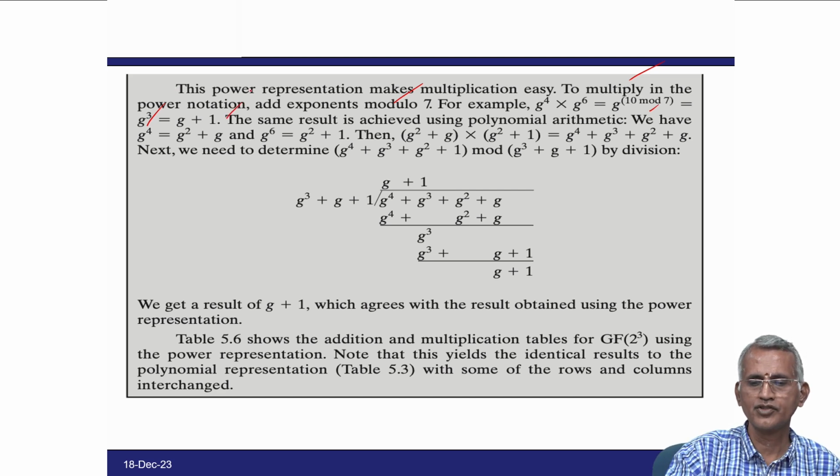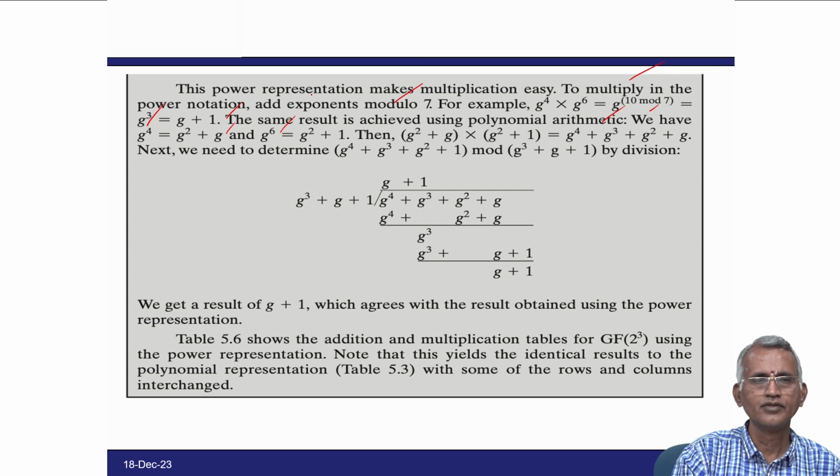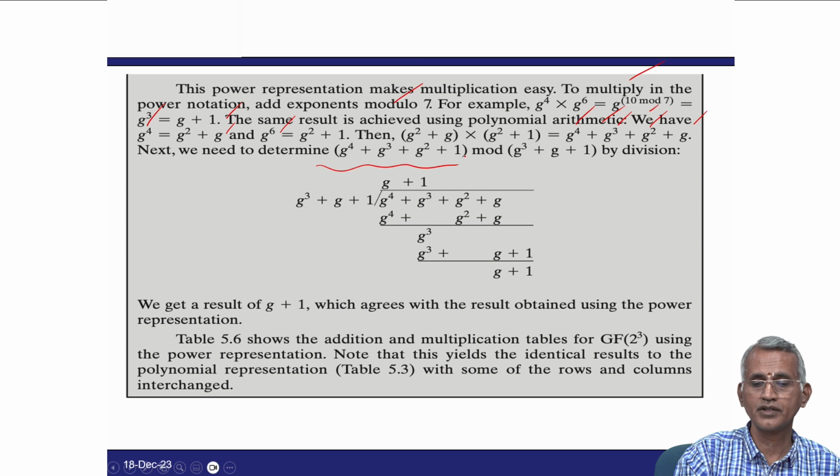The same result is achieved using polynomial arithmetic. We have g power 4 equal to g square plus g, and g power 6 is g square plus 1, therefore (g square plus g) into (g square plus 1) equal to g power 4 plus g cube plus g square plus g. So, we can determine this under modulo g cube plus g plus 1 by simply dividing g power 4 plus g cube plus g square plus g by g cube plus g plus 1.